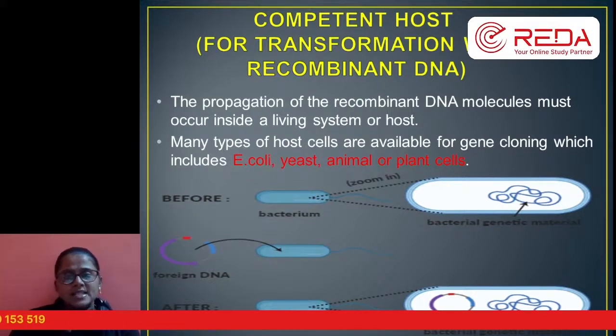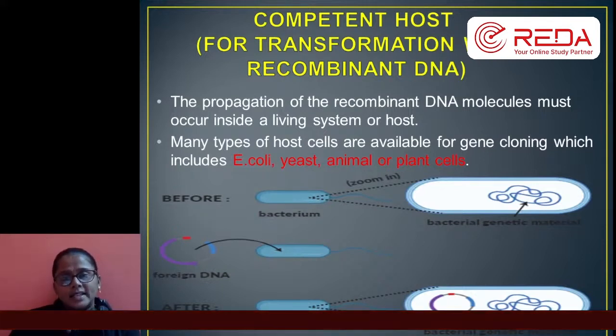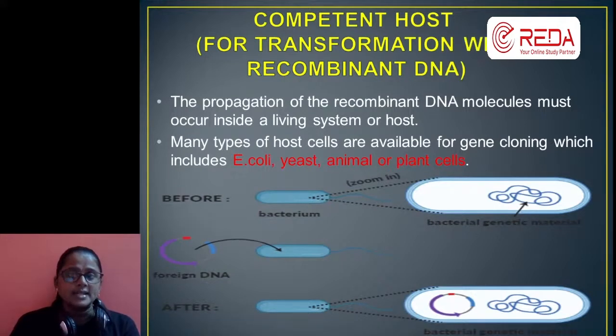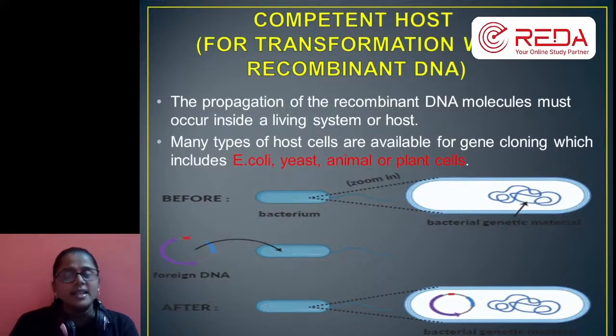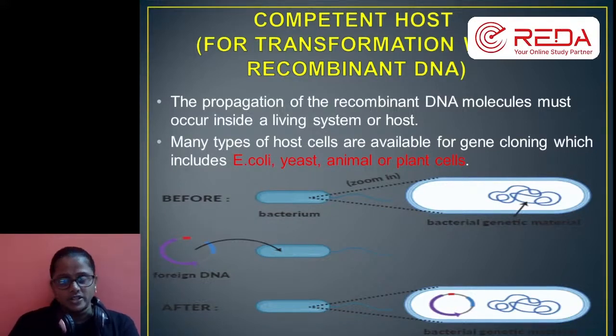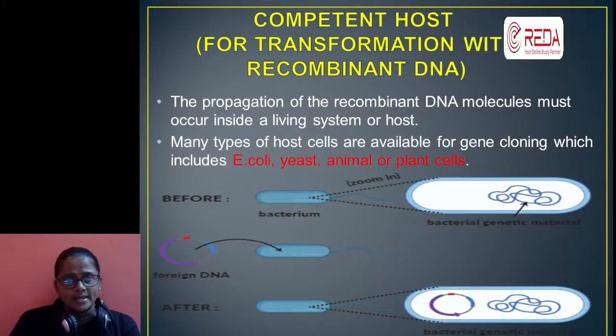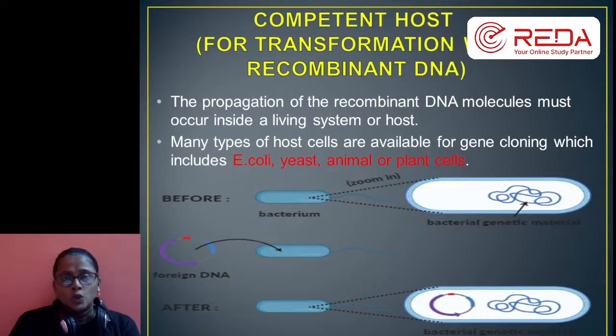It has certain restrictions and rules: these are the things that should enter the pores present in the cell membrane, this is the quantity I can take up, and this is what I need. In such a situation, you cannot make these hosts take your desired DNA, so you have to make them competent.